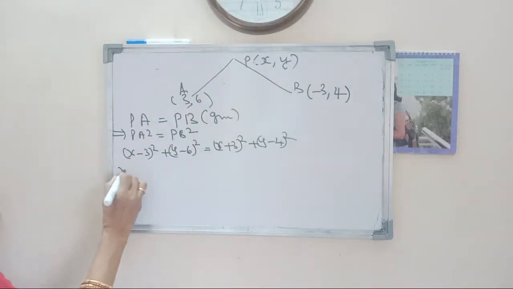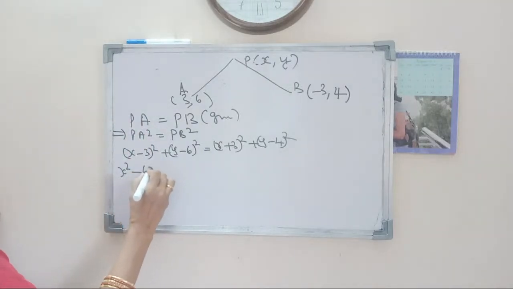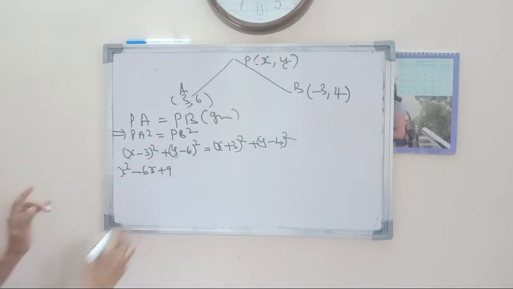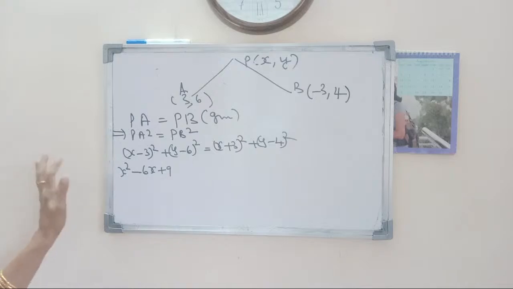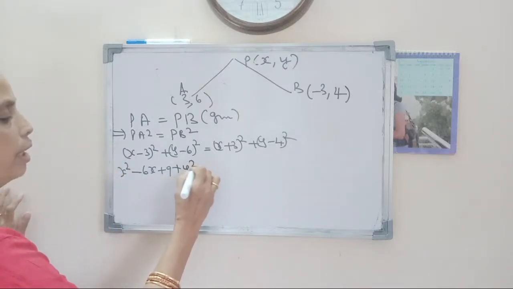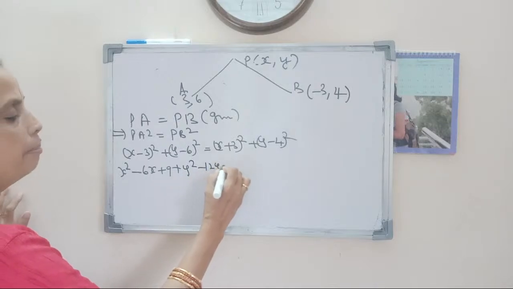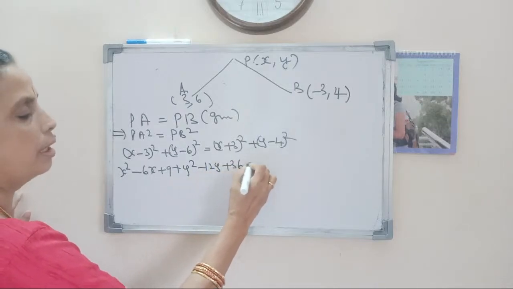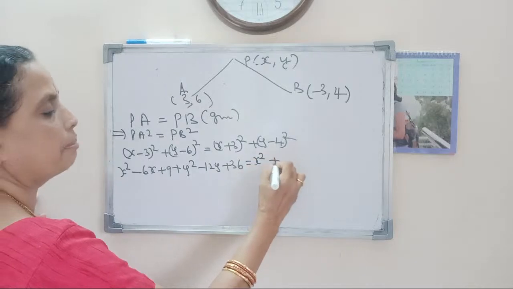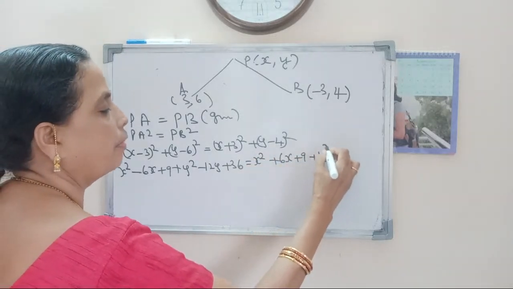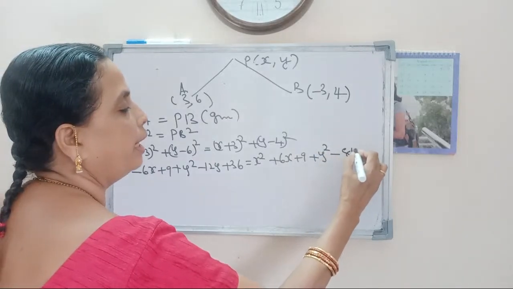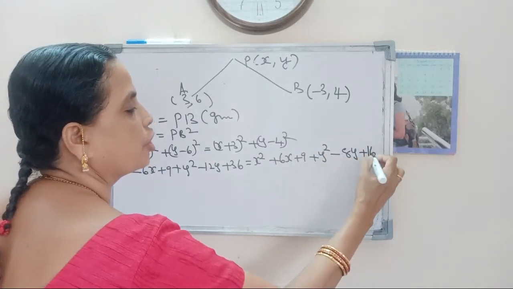You will get x square minus 6x plus 9, a square minus 2ab, 2 into x into 3, plus y square minus 12y plus 36 equals x square plus 6x plus 9 plus y square minus 8y plus 16.